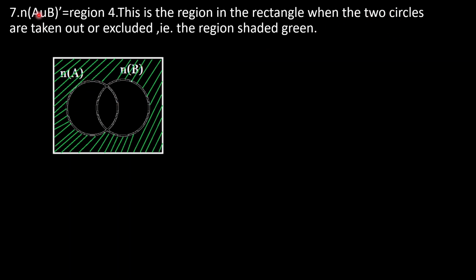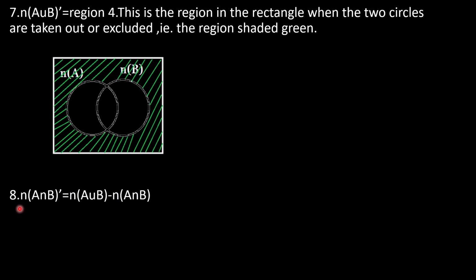So for number of A union B complement, like the trick I told you in tricks 5 and 6, let's take A union B out and you will get the A union B complement. So A union B is region 2, region 1, which is the intersection, and region 3 or B only. So when you take that A union B out, you'll be remaining with region 4, or the region A union B complement.